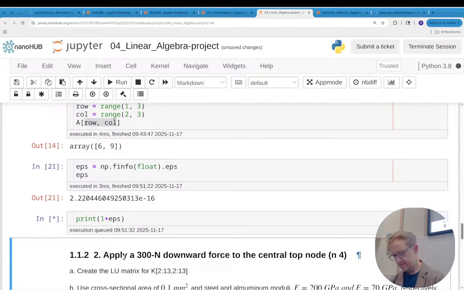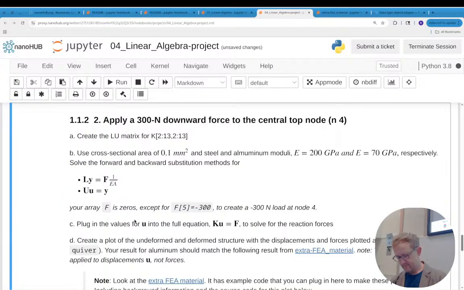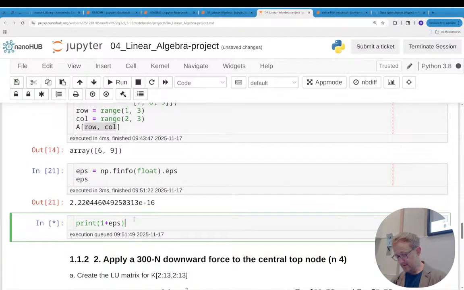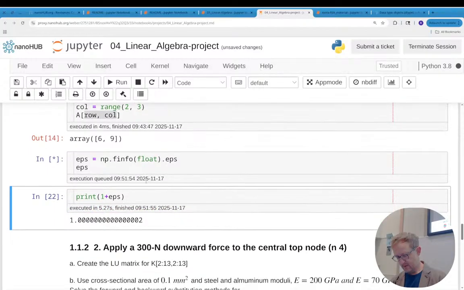Or maybe it really doesn't want to add 1 to that machine epsilon. It really doesn't want to do that. Oh, it worked. Yeah, if I try to add 1 to that epsilon, I get a change. So some small difference. And if I do it a whole bunch of times, it'll be bigger.